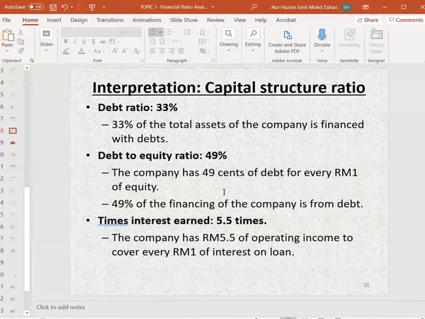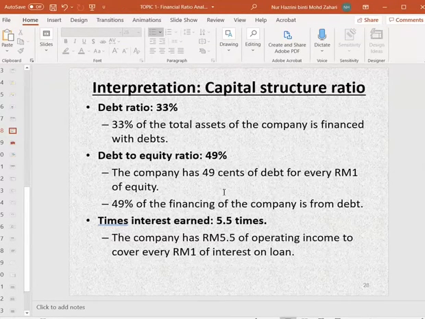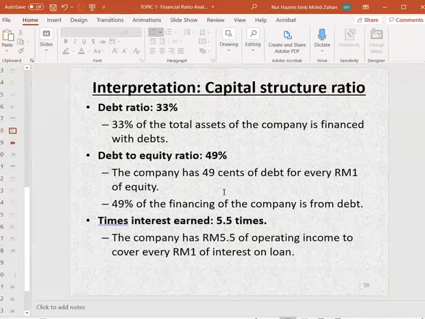It means they want a company that does not have much debt. But for investors looking for high risk, high return, they might want to go to a company that has higher risk, meaning higher gearing ratio, higher debt to equity ratio. So that depends on what type of investor you are.